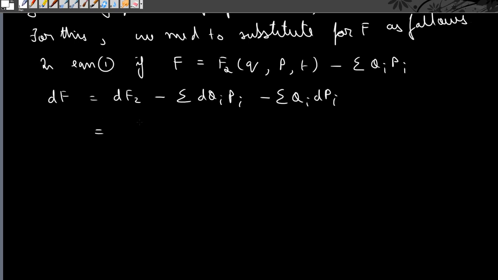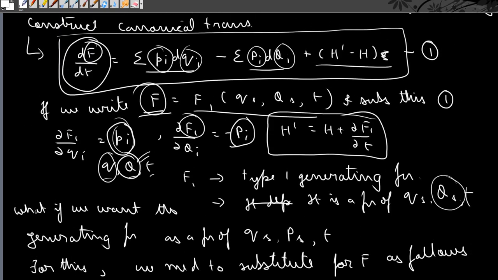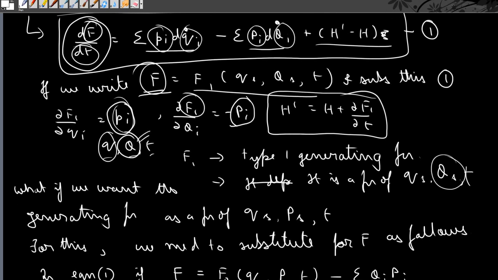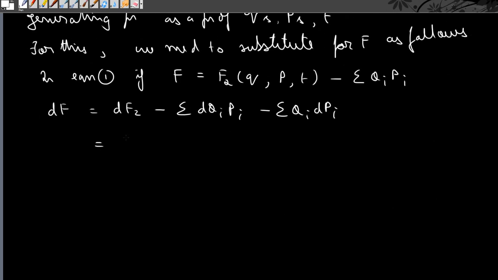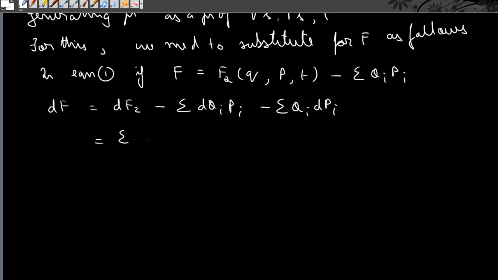Okay, this must be equal to, so from here if we take this dt to the other side, in fact this will become dq dot. So taking this to the other side, what we have is that this should be equal to summation p_i dq_i minus summation P_i dQ_i plus H' minus H dt.